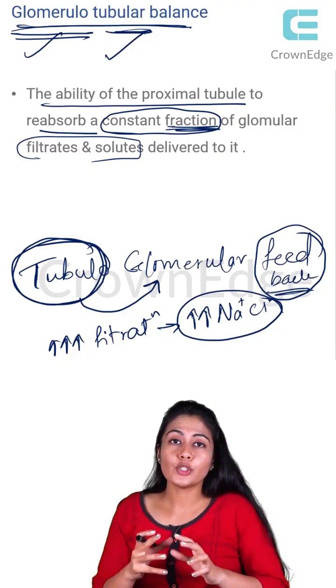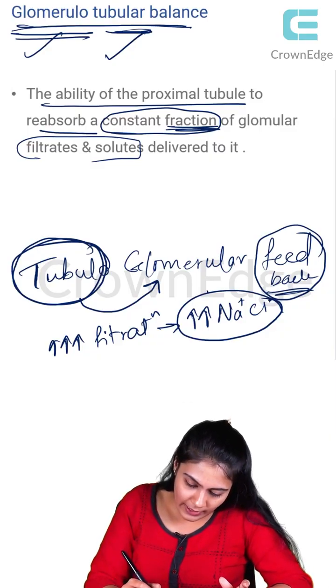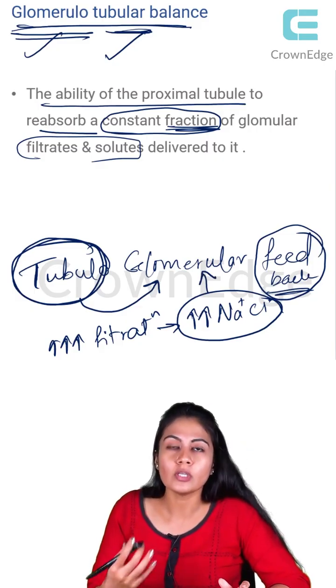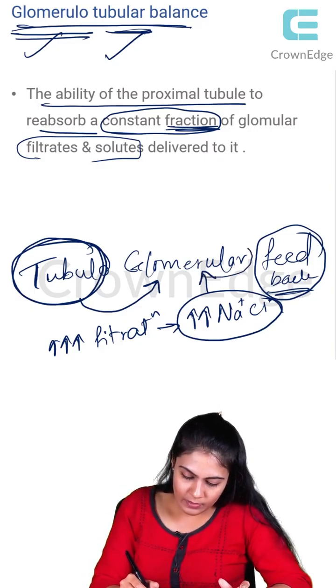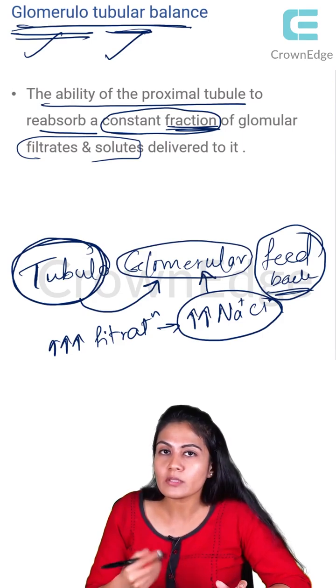The tubules will sense those increased levels of sodium and chloride, and they will signal that much more sodium chloride is coming, and that's how they get to know that the filtration is much more.